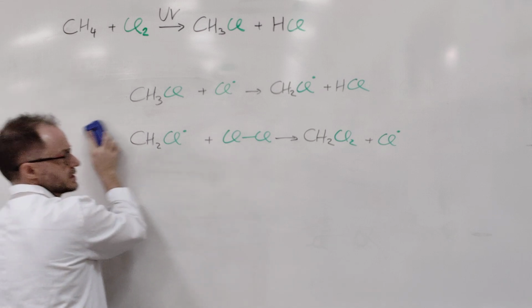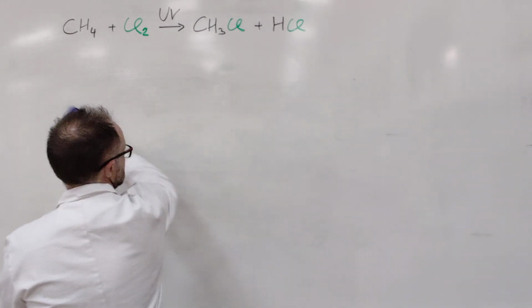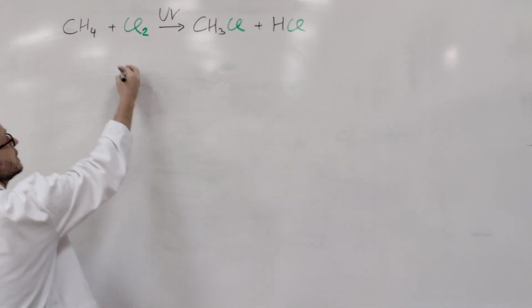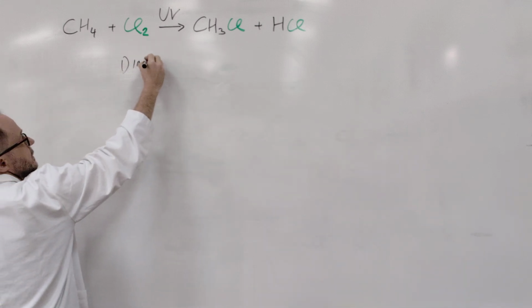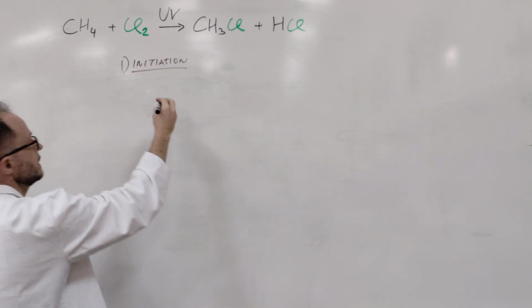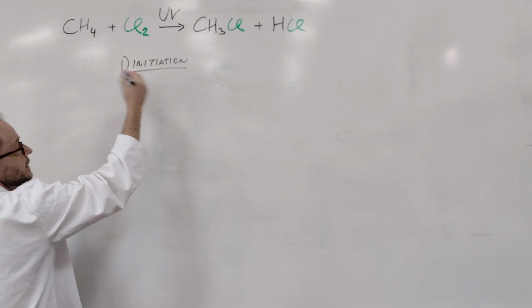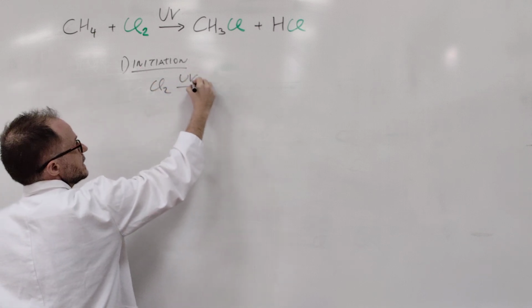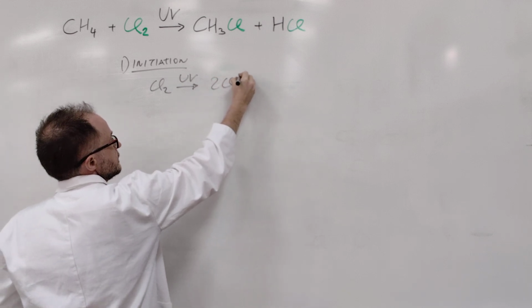So let me just get rid of this. I'm going to rush through this one. So we've got initiation. Just use a black pen now, it's a lot quicker. Initiation would be chlorine using UV light to make 2 chlorine free radicals.